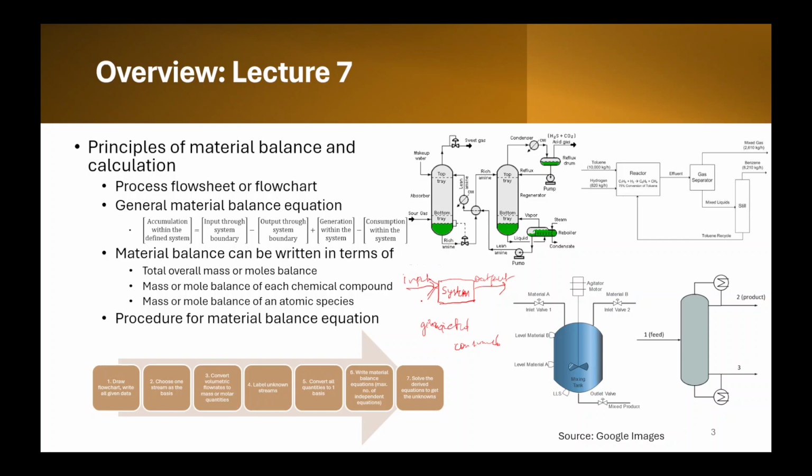So how do we do the material balance across this system? Basically, we make this boundary, and something which is generated is inside the system, something which is consumed is also inside the system. Input is the input of the reactants, and all these things are flowing as the output.